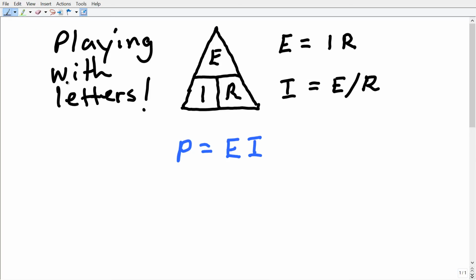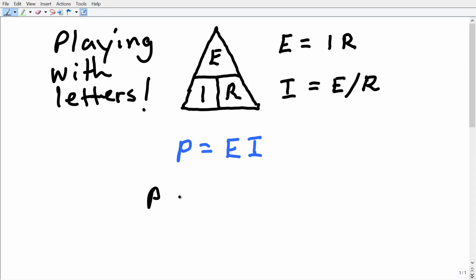Well, okay, now we get back to the pen. You can make some substitutions here based on these two formulas for Ohm's law. Power equals voltage times current. Well, suppose that instead of voltage, we use current times resistance.